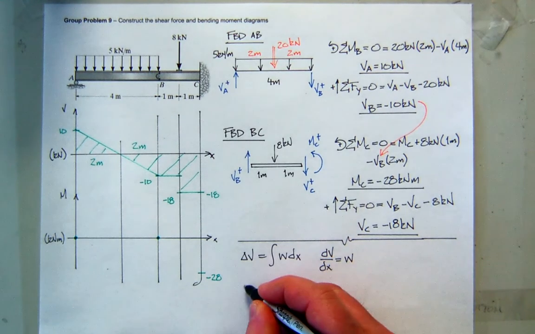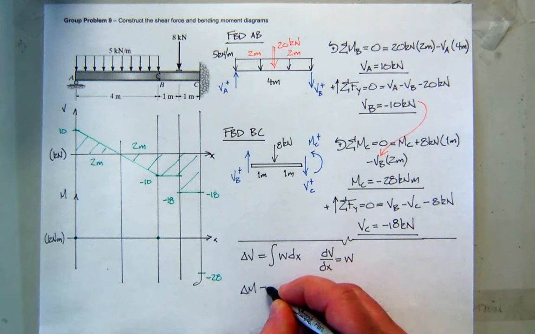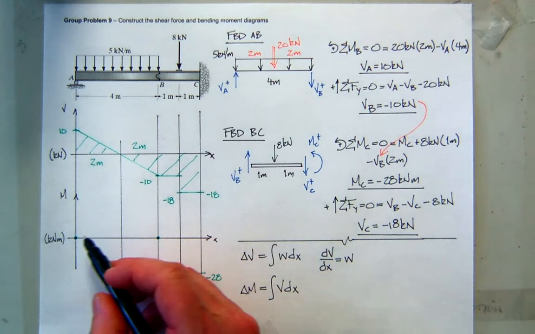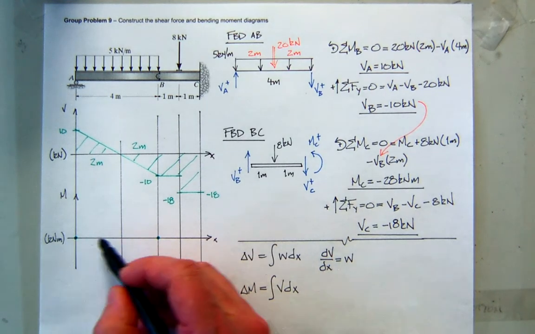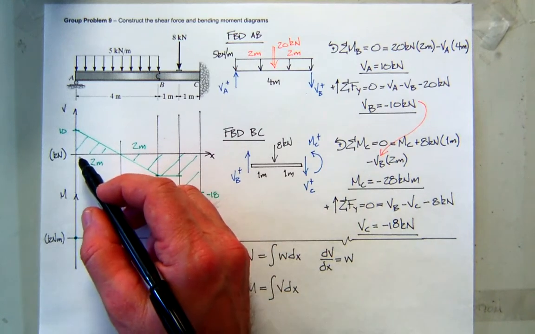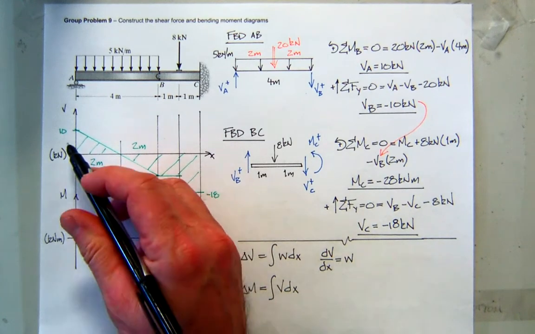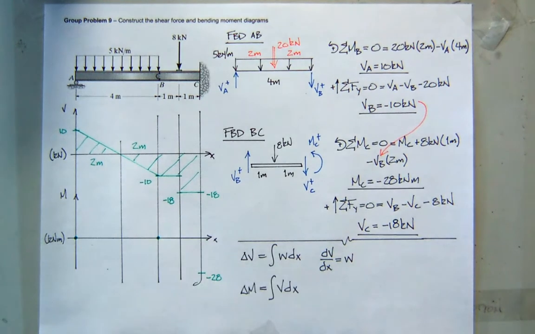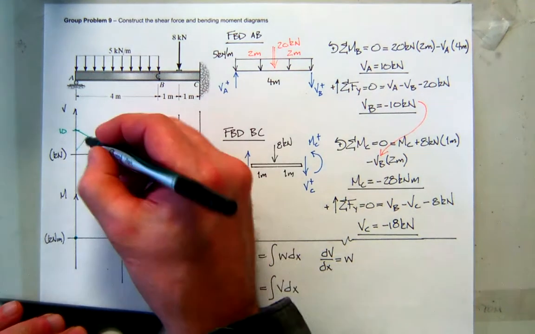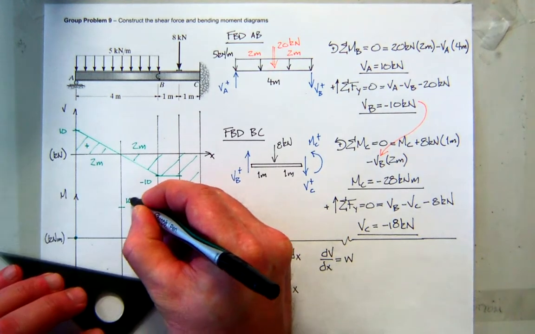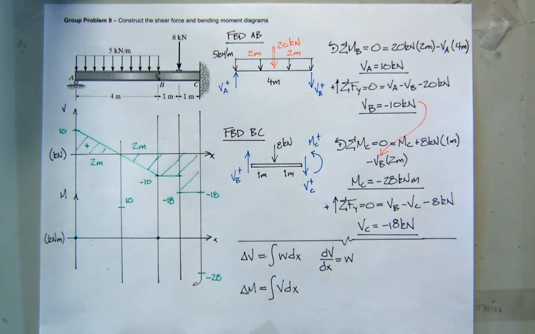Now my relationship for moment says that the change in moment between any 2 points is the corresponding area under the shear diagram. So looking at this region here, that's the change in moment I want to compute. What's the area of the shear diagram there? Well, that's easy. It's a triangle. 1/2 base times height. That's a value of 10. So I end up with a positive 10 because this is a positive area. 0 plus 10 is 10. And what's the shape of the curve?